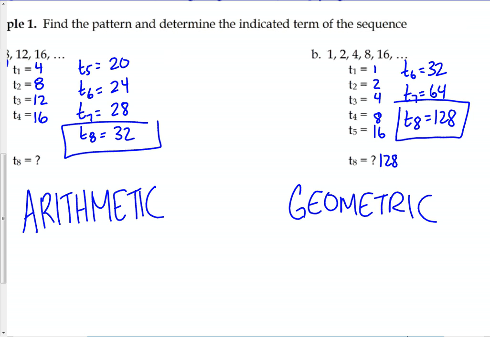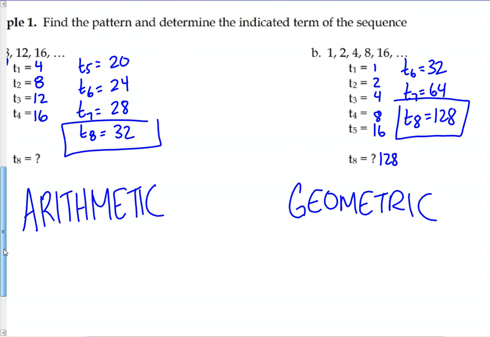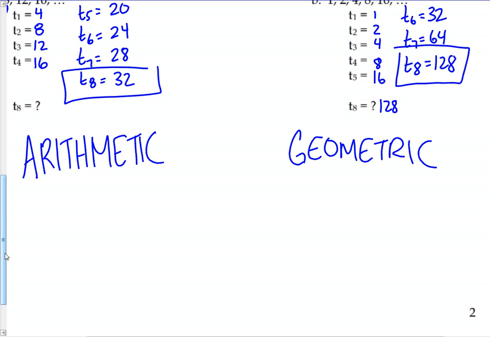I want you to add a little note. Okay? If they're asking for the general term, they're looking for T of n, the actual formula. Okay, T of n. Yeah, let's go on to the next page now.